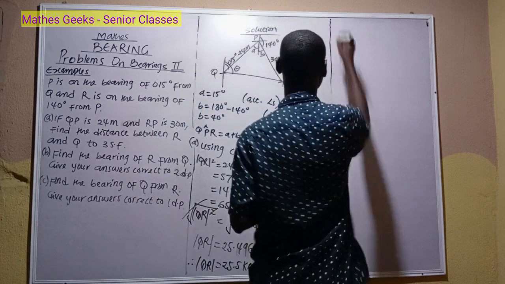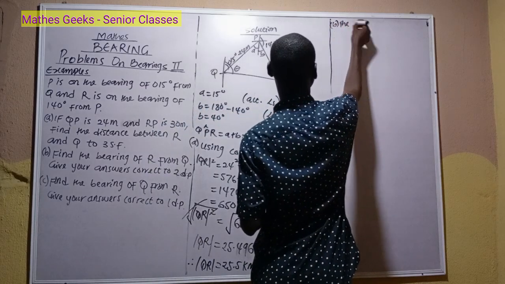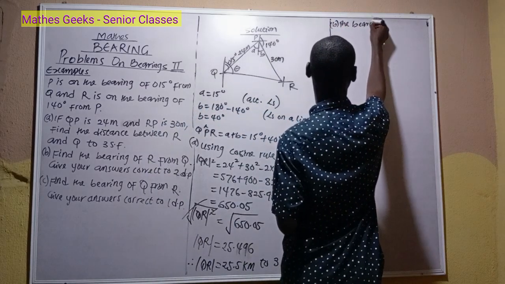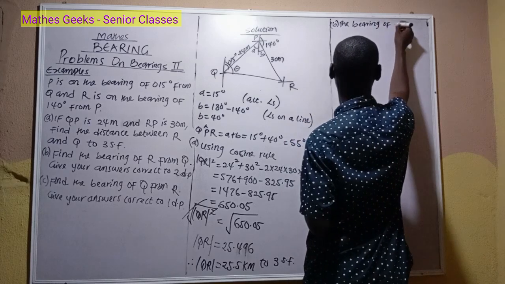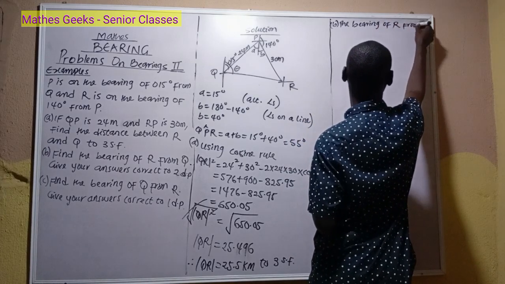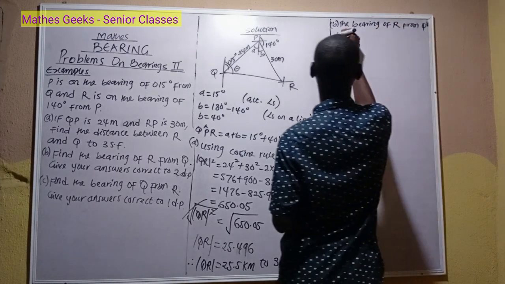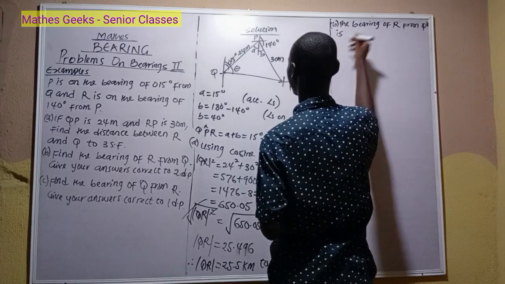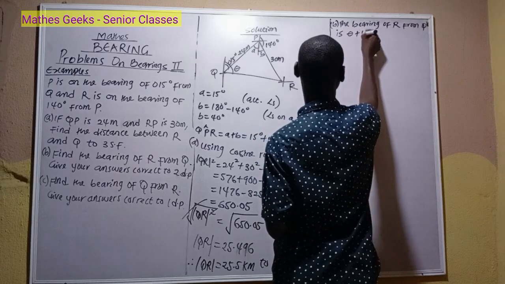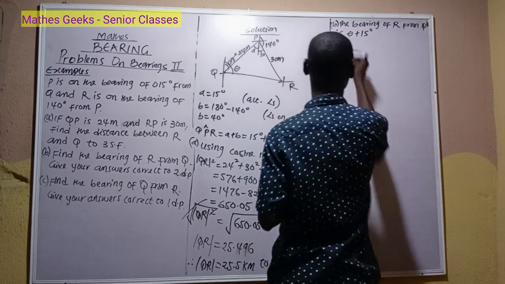So the bearing of R from Q is theta plus 15 degrees.